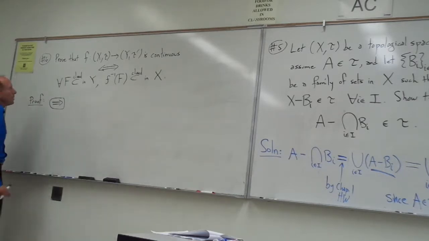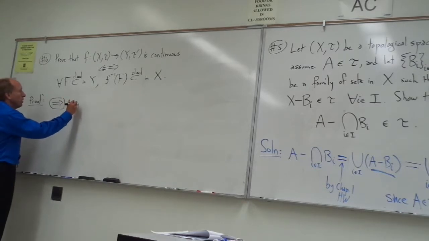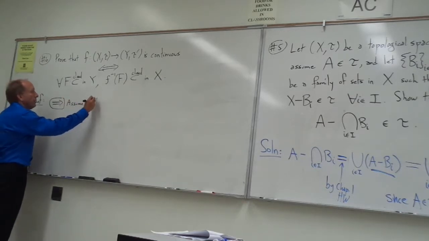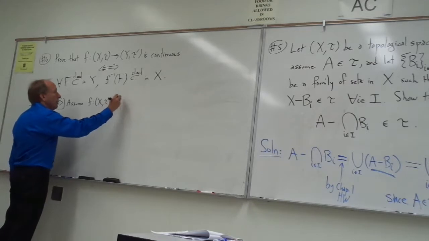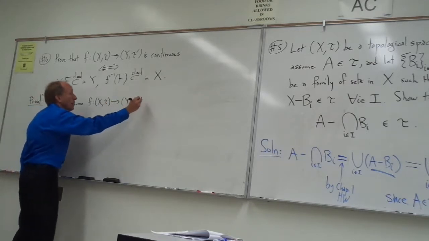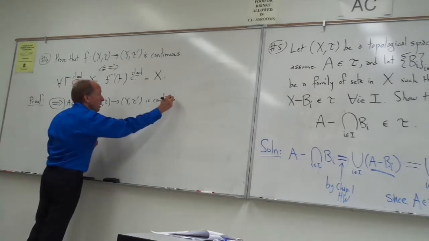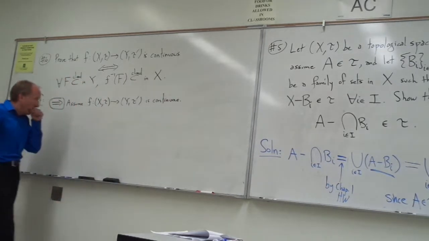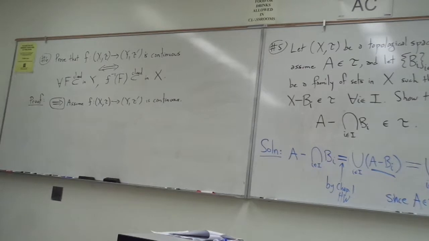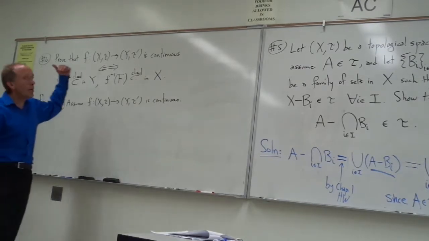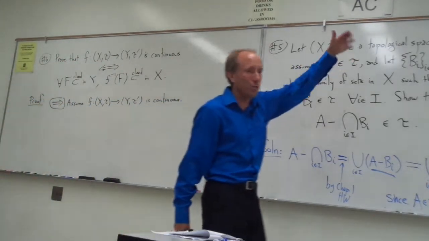Let's assume that f from (X, tau) to (Y, tau prime) is continuous. I would like to show that preimages of closed sets are closed.